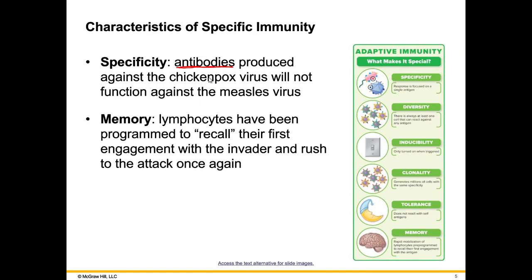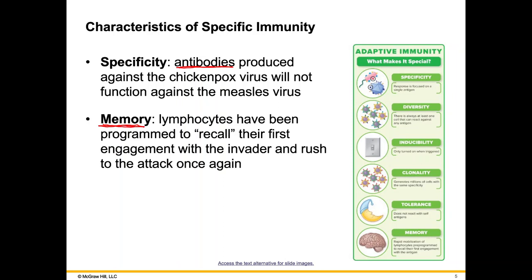Whenever we say specificity, these antibodies will be produced against the specific antigen, such as the chickenpox virus. And the same antibody that's produced against the chickenpox virus will not work against a different virus like measles. So it's specific to a specific pathogen. And in this type of immunity, the adaptive immune system also generates memory.